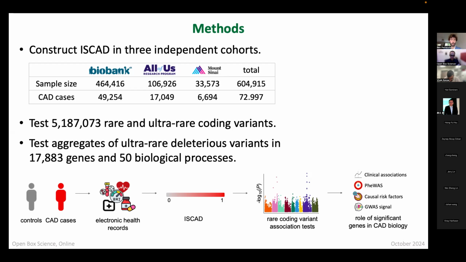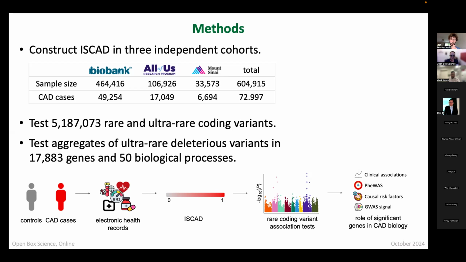Then we also tested gene level aggregates of deleterious ultra-rare coding variants. And for this, we took ultra-rare coding variants that have either less than 5 counts in the minor allele within each cohort or less than 0.001 allele frequency in each cohort.